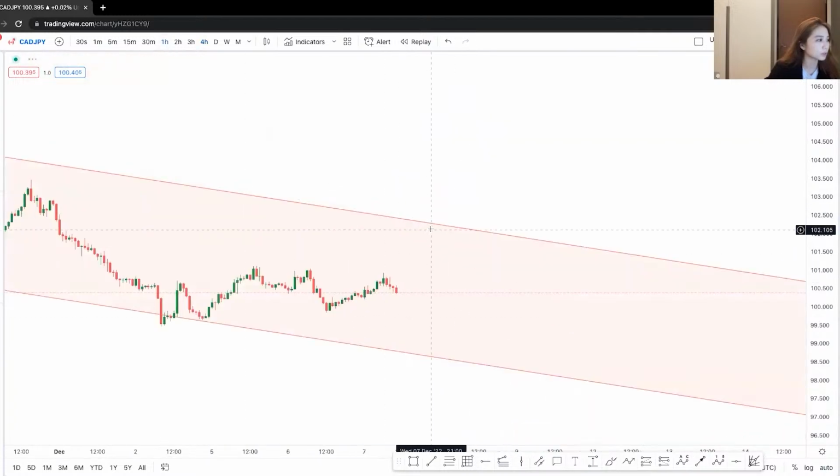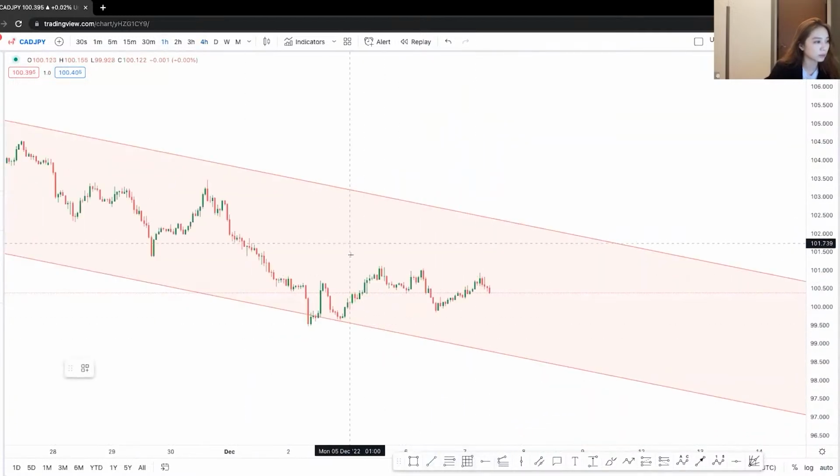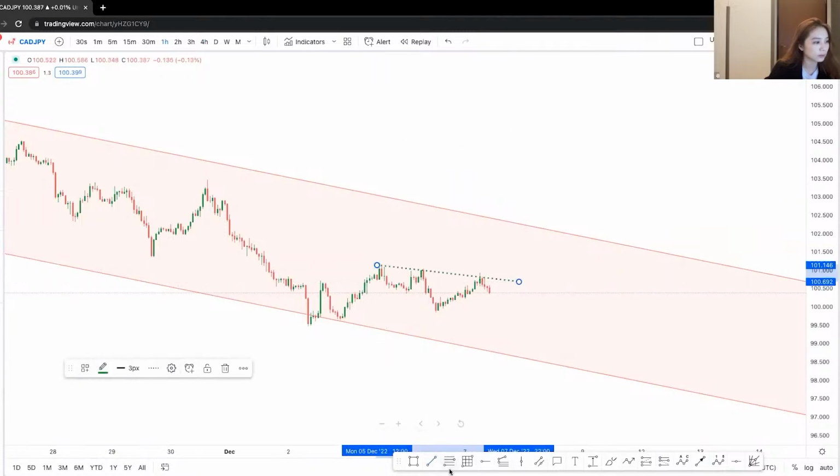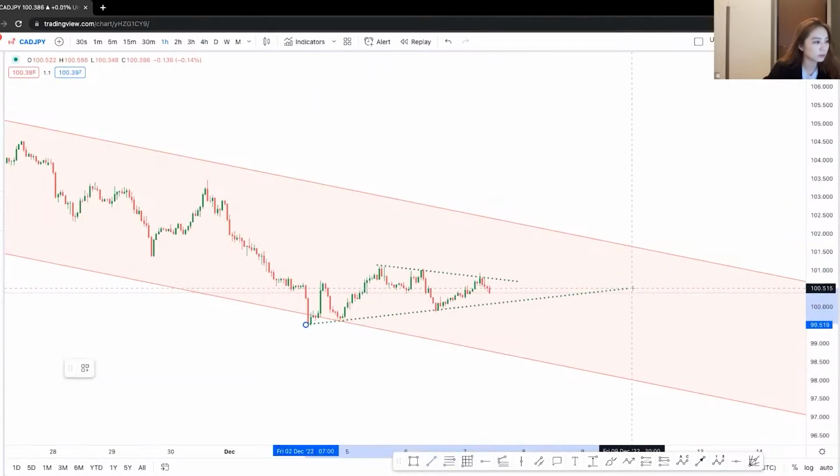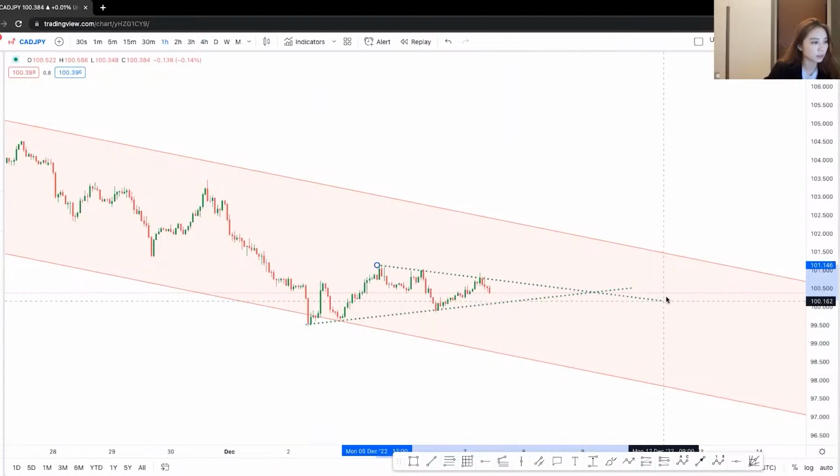Interesting. I think on the H1 you'll see a slight triangle. So on H1, you'll be looking at this instead.